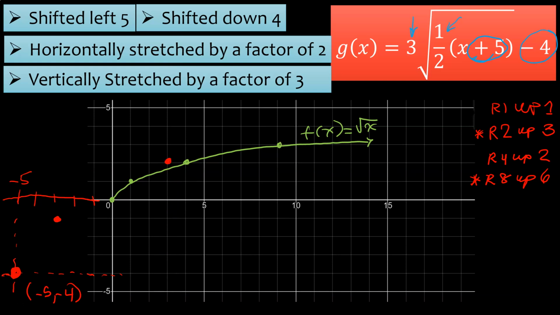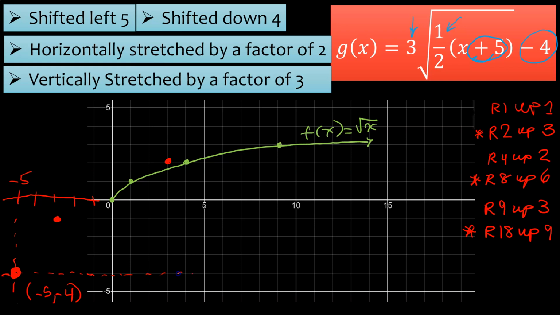Okay, and then the next point over, normal, is to go right 9, up 3, because square root of 9 is 3. The new graph, though, we are going to go right 18, up 9, because we are horizontally stretching by 2 and then vertically stretching it by 3.